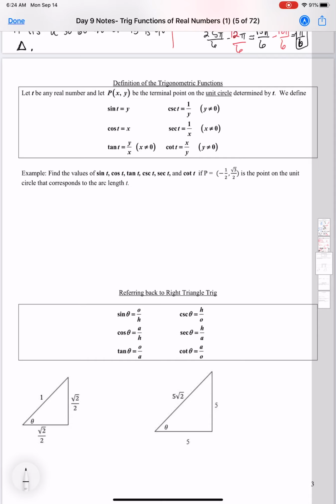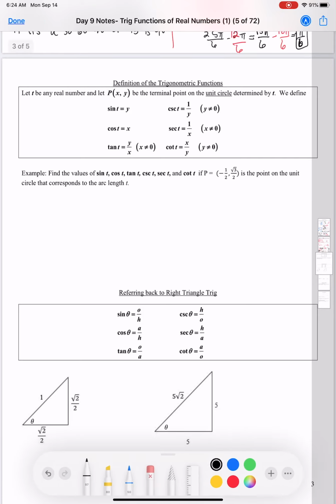Okay, so let me go ahead and just draw a triangle here. All right, so if I have this triangle here, remember it does have to be a right triangle for us to use these trig functions.